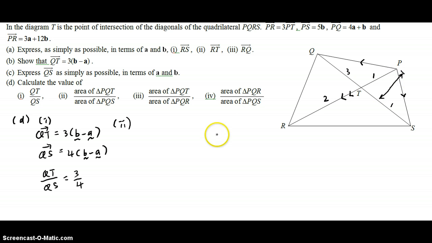So PQT will have a base of QT, and PQS will have a base of QS. So you get QT over QS, where QT is 3 and QS is 4. So the answer is 3 over 4. Okay, simple.